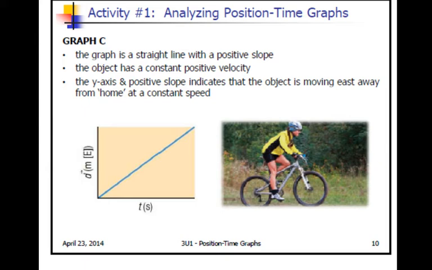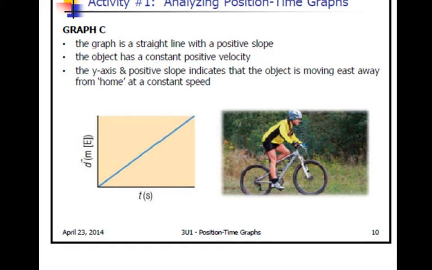So a line segment that is a linear equation would be a constant velocity. When you're traveling at a constant velocity, your velocity is not changing, so you're not accelerating, you're not decelerating. That means you're not going faster or slower, you're going at the same speed the entire time during that line segment.